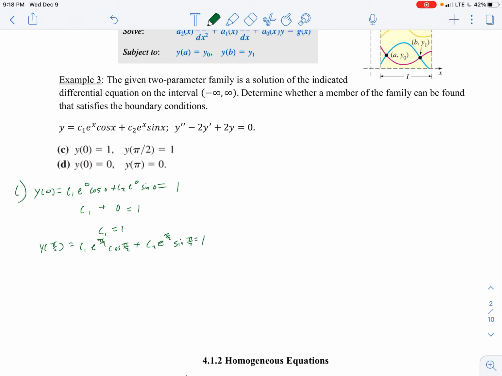Cosine of pi over 2 is 0, so we have c sub 2 e to the pi over 2, and sine of pi over 2 is 1, so that equals 1. I'll divide e to the pi over 2 to the other side, so 1 divided by e to the pi over 2 is just e to the negative pi over 2.